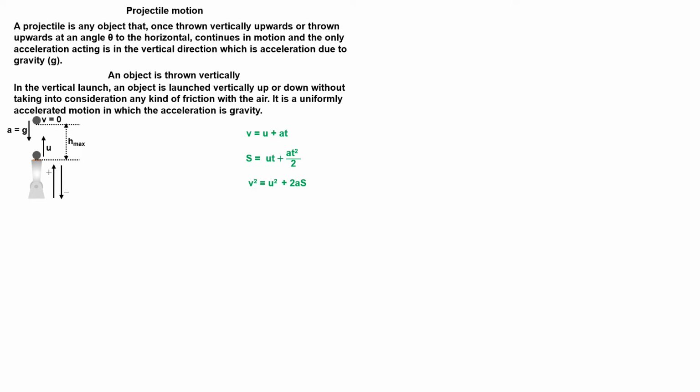The vertical motion, up and down, is motion in a straight line and the acceleration is g. Therefore, all that we should do to analyze this motion is use the formulas from motion in a straight line and uniform acceleration and rewrite them to reflect the sign convention.